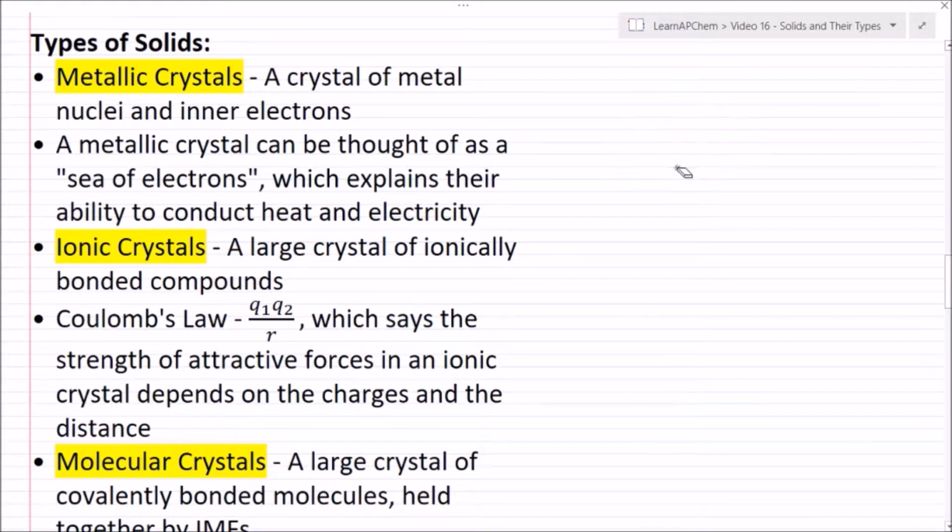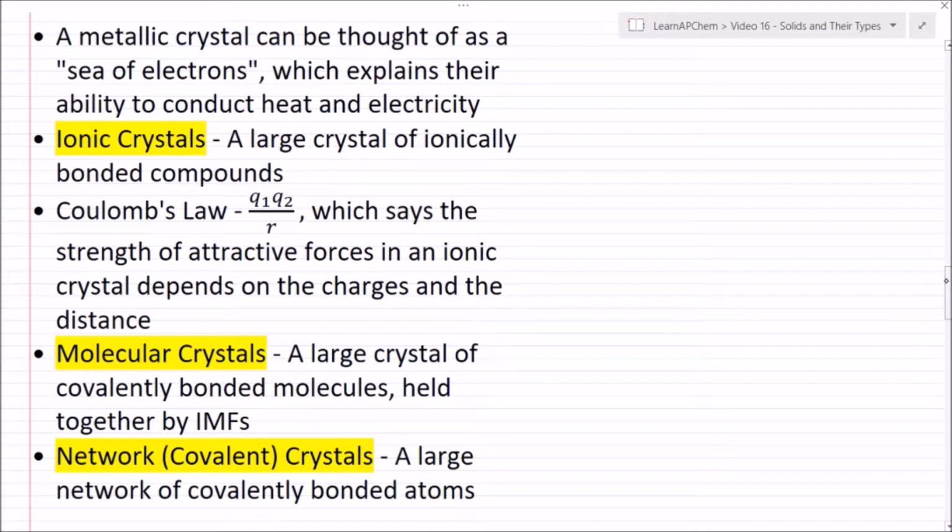Okay, so the second type of solid that you should know is ionic crystals. This is a large crystal of ionically bonded compounds. So let's think about NaCl. What this really is, is the positive charge of the Na binding to the negative charge of the Cl.